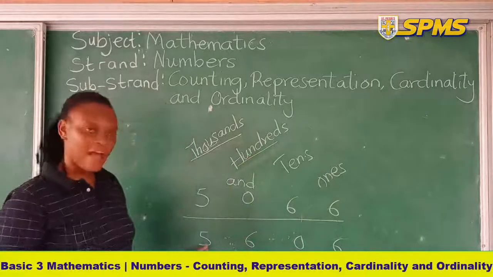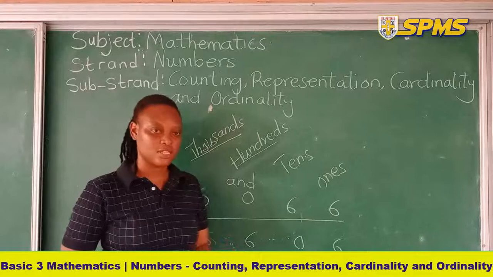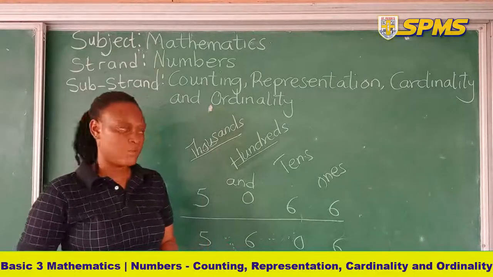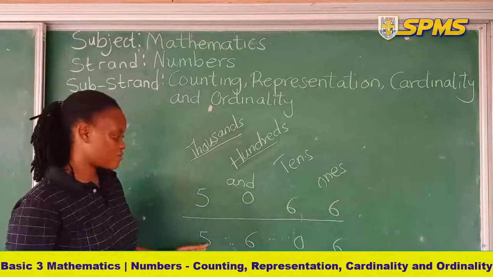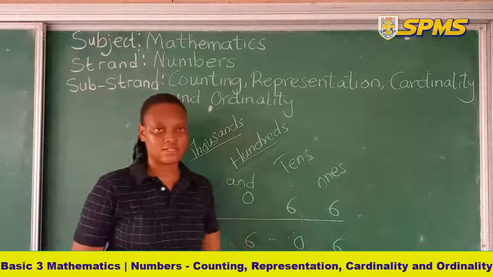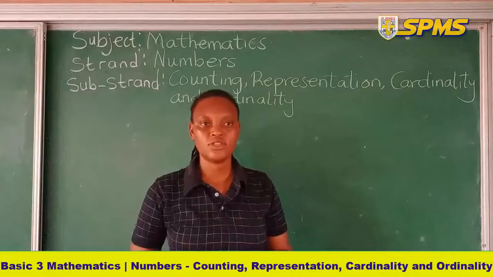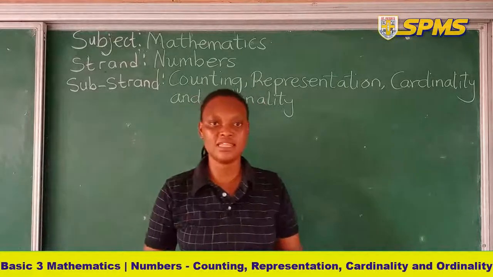You don't have to say 5,600 and 5. No. We have to replace the 0 with 'and'. Very good.